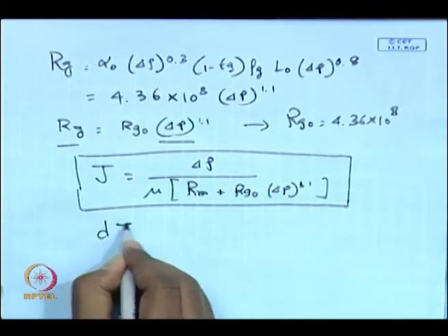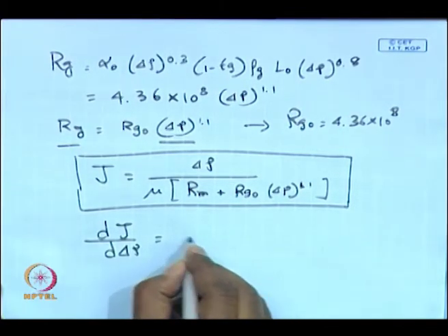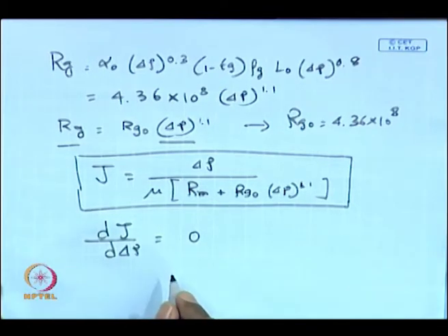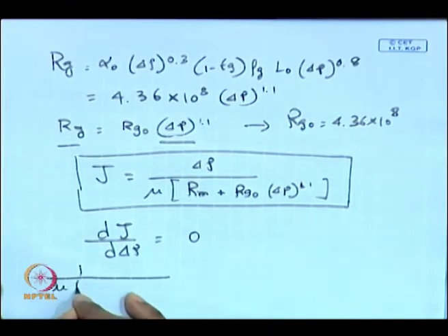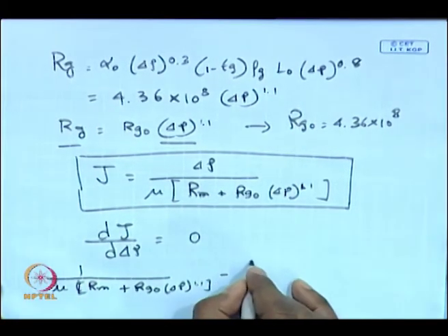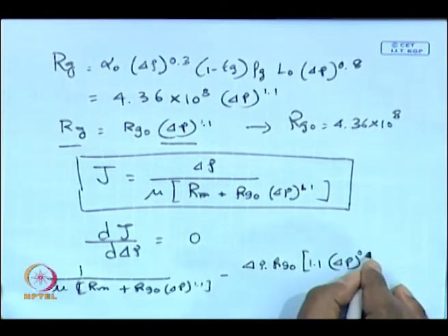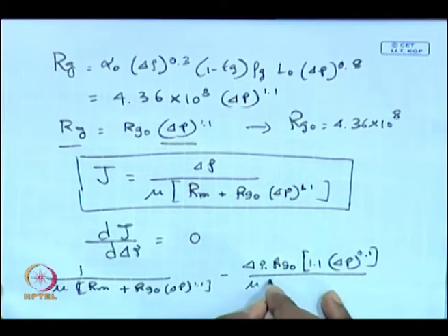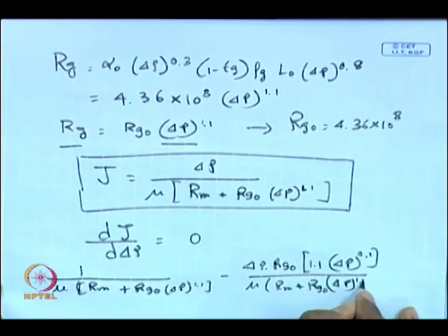So, dJ/d delta p, if you evaluate that and put it equal to 0, this turns out to be 1 over mu (R_m plus R_g0 delta p raised to the power 1.1) minus delta p R_g0 1.1 delta p raised to the power 0.1, divided by the square of mu (R_m plus R_g0 delta p raised to the power 1.1), equal to 0.